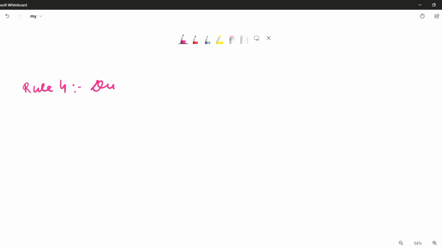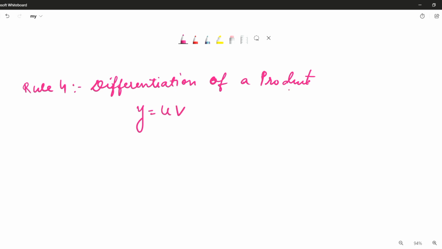Now move on to the next, rule 4, differentiation of a product. If your function is in this form, that is y equals uv, how are we going to solve this?